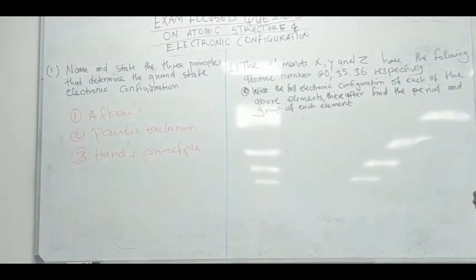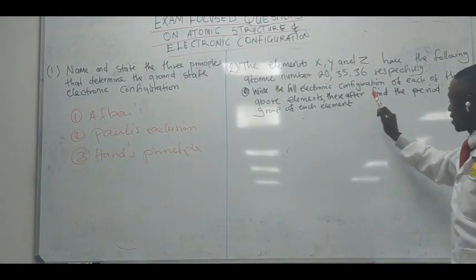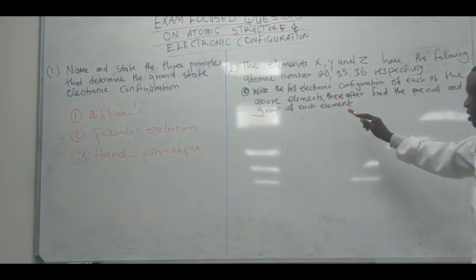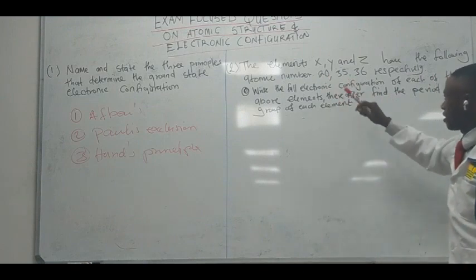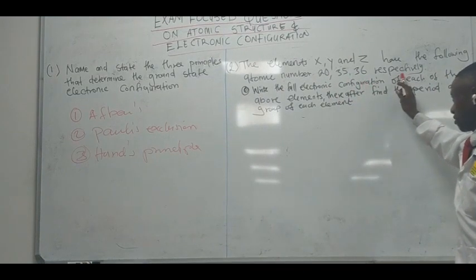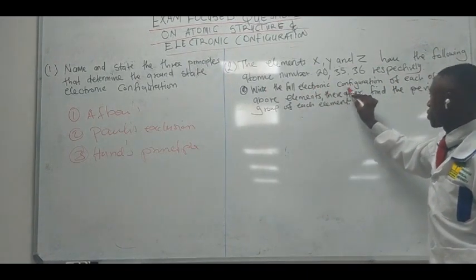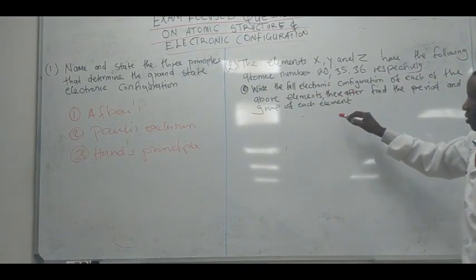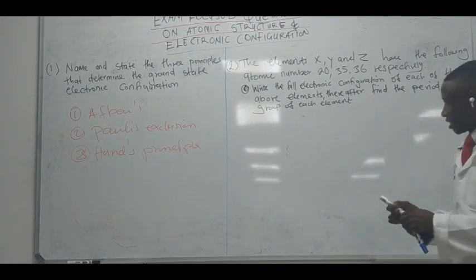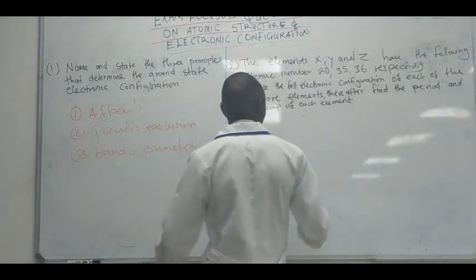Our second question says the elements x, y, and z have the following atomic numbers: 20, 35, 36 respectively. We are requested to write the full electron configuration of each of the above elements. So let us collect the data here.